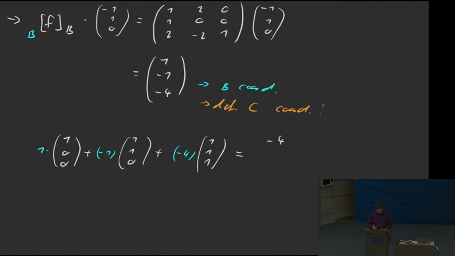Then 0, -1, -4, that's -5. And 0, 0, and -4. And now these are the C coordinates. So that finally is the second column of our matrix. Second column of F_C.